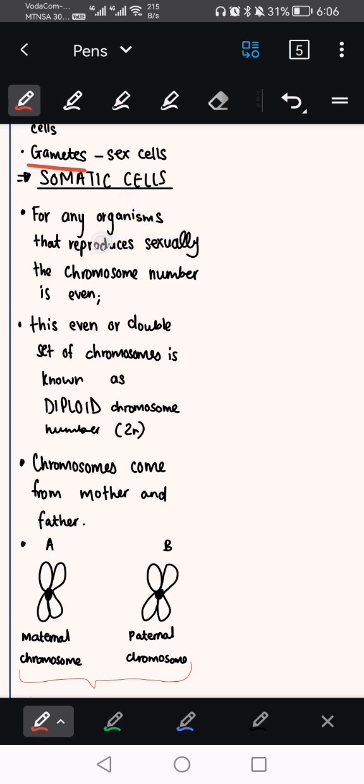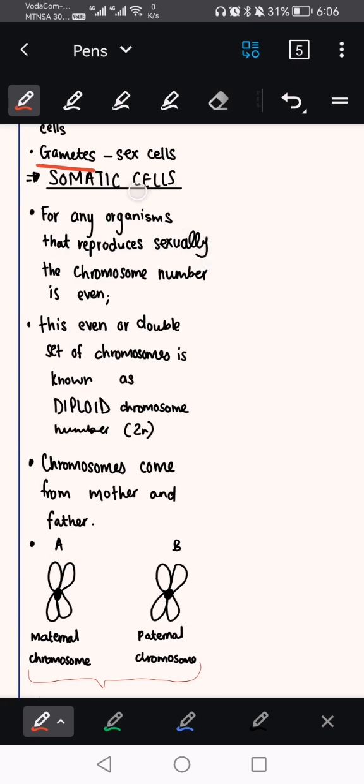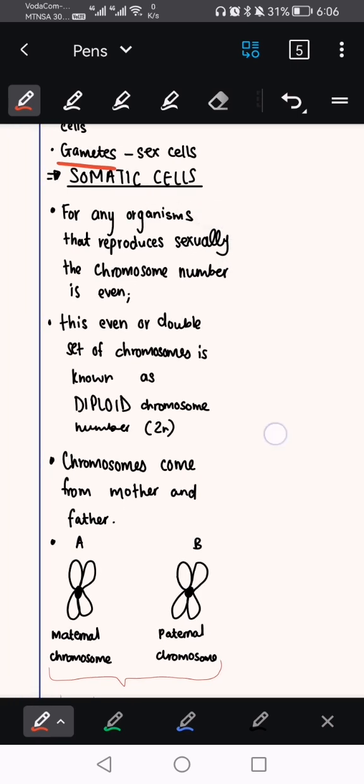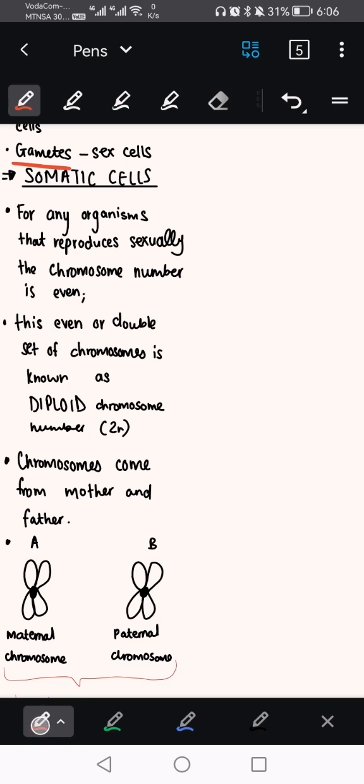Now, somatic cells, this is a very important concept that we need to understand. That if an organism reproduces sexually, the chromosome number is always even.